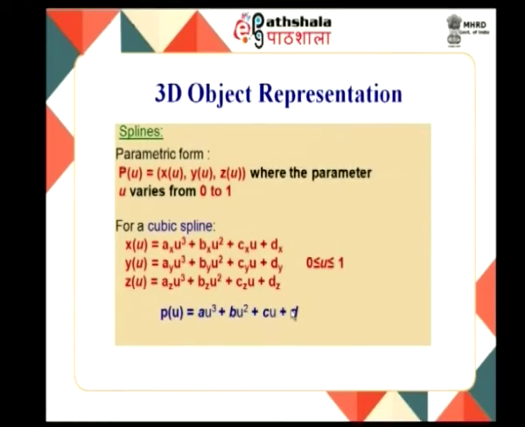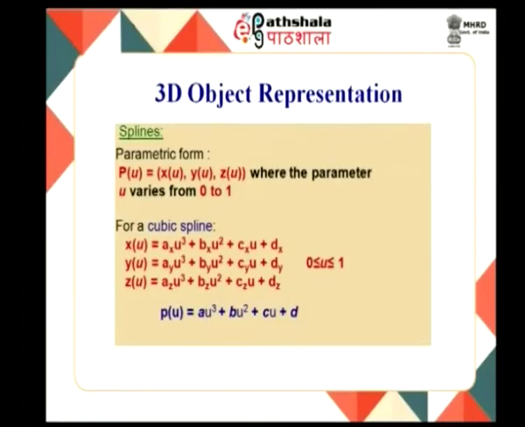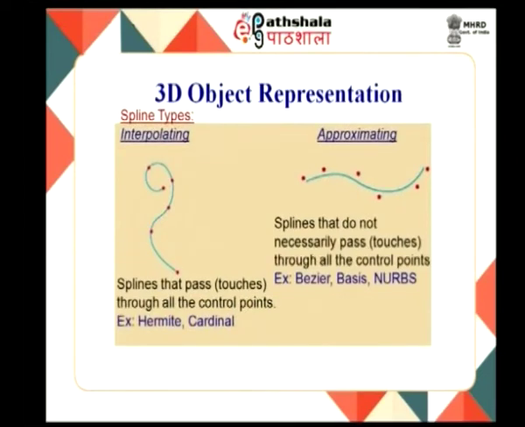If we look at the equation that makes up the spline curve in parametric form, the degree of this curve is cubic, that is, it has got a degree 3. 3 is the degree for the parameter u. So, we can call this a cubic curve, represented by the equation p of u, where u is the parameter, equal to a u cube plus b u squared plus c u plus d.